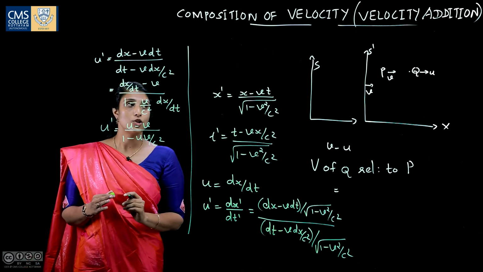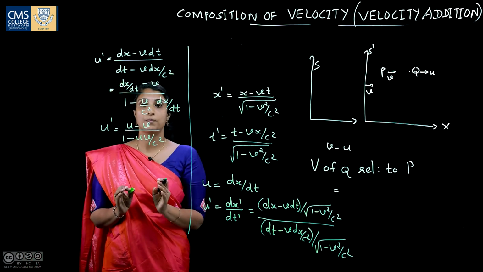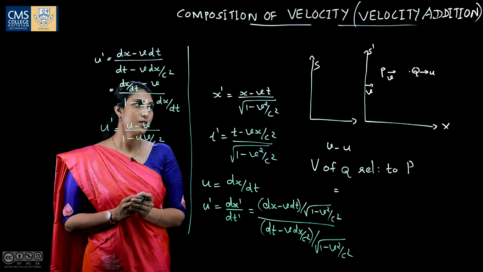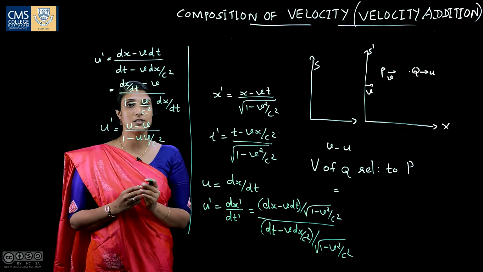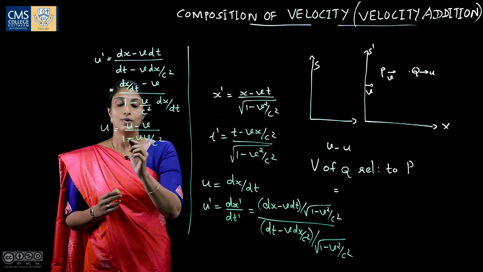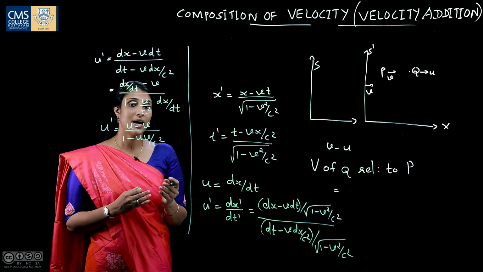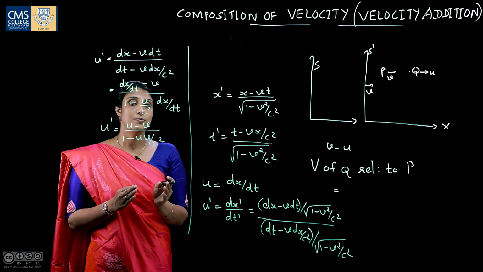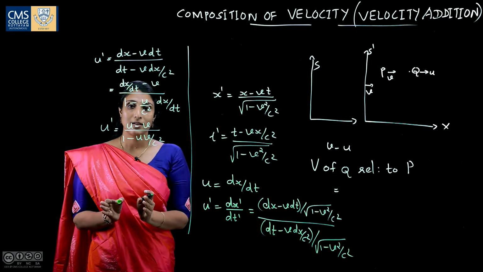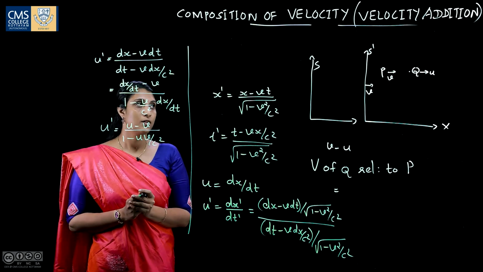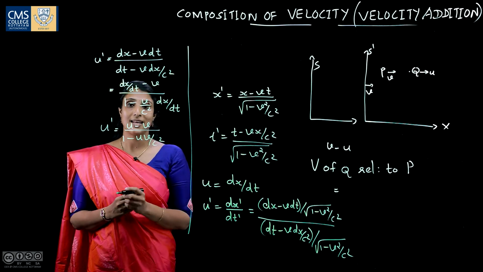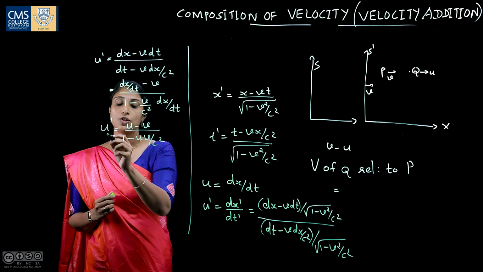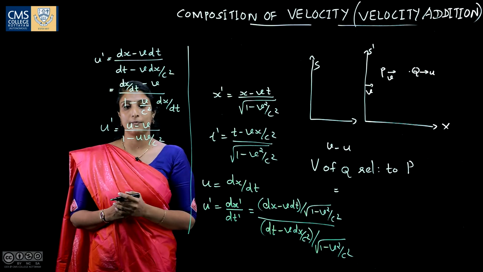That is the velocity of Q relative to an observer in the S dash frame. S dash frame is moving with velocity v in which the particle P is fixed. So, u dash is the velocity of the particle Q with respect to the particle P. This is the velocity measured by an observer in the S dash frame, or this is the velocity of Q relative to P.